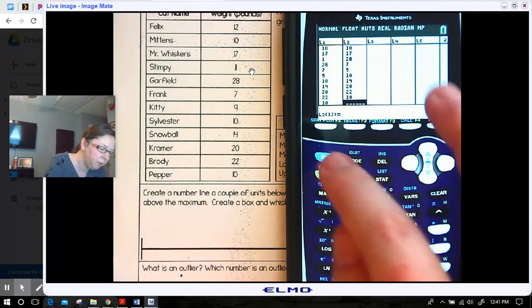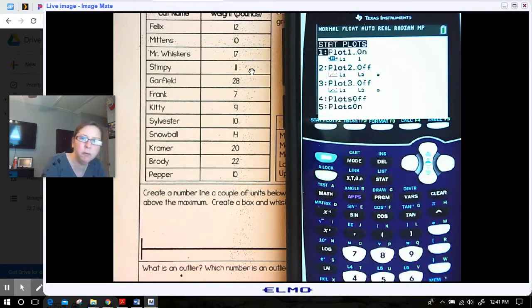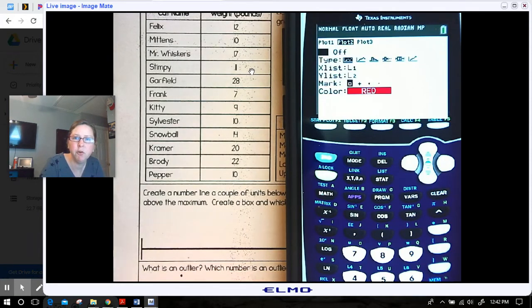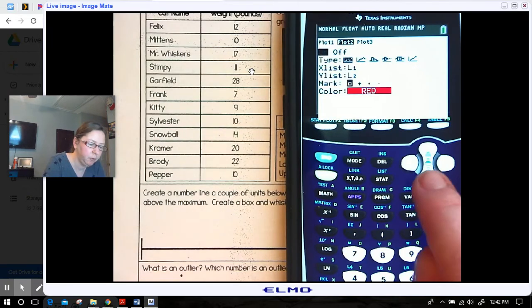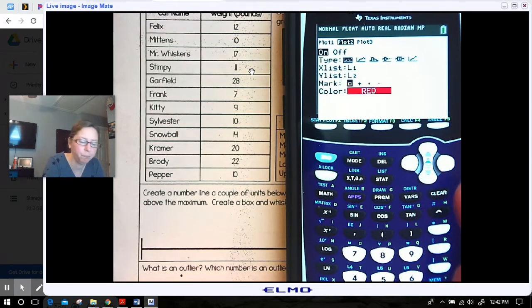So what I'm going to do is go to second y equals. Now because I'm dealing with my second data set, I'm going to go down to 2. Okay, second data set, use the number 2. We're going to hit enter, enter to turn it on again. Go down to type and over again to my box and whisker plot.